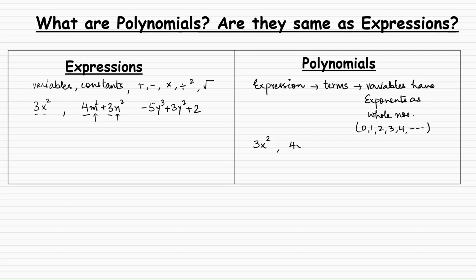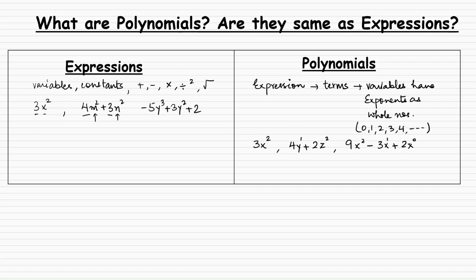Take another example, 4y plus 2z square. The variables y and z have the positive exponents 1 and 2. Another one, 9x square minus 3x plus 2. Again a polynomial because the variable x has the positive exponents 2 and 1, and of course the constant term can be written like this.